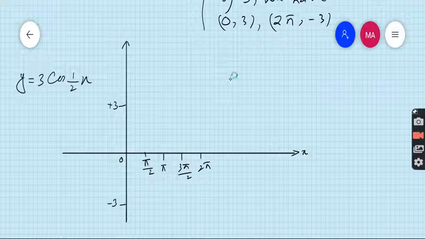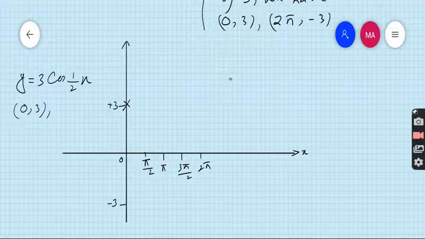I am taking 4 small squares as pi upon 2, then pi, then 3 pi upon 2, and then 2 pi. The maximum value of the function is 3, the minimum value is minus 3. So at 0 the value is 3. We have 2 points, 0 comma 3 and 2 pi comma minus 3.